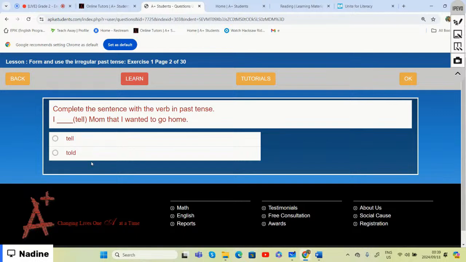So which one is correct? Do we say I tell Mom that I wanted to go home, option one? Or in the past, I told Mom that I wanted to go home?